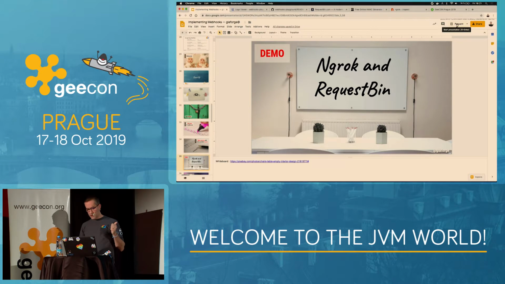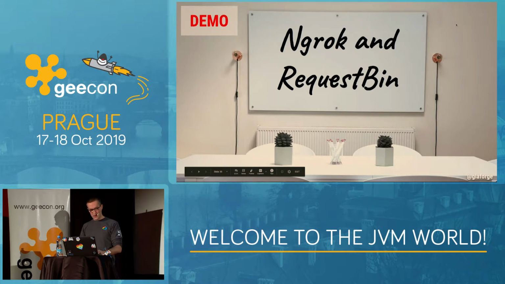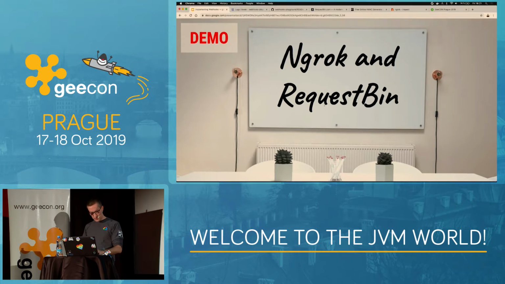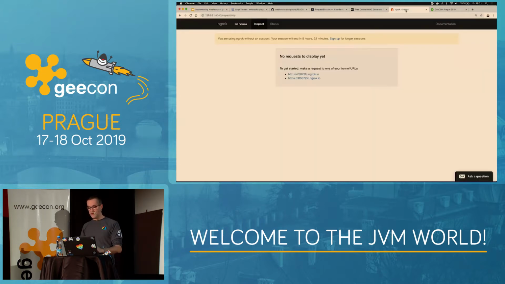So that's the signature, yes. Oh no, ngrok. I wanted to show you ngrok here as well, or is it later? No, I think I'm going to do that. Yeah, ngrok. That's another handy tool for debugging things. It's a bit like request bin in a way for debugging things, but it's creating a kind of tunnel between the internet and your local machine.